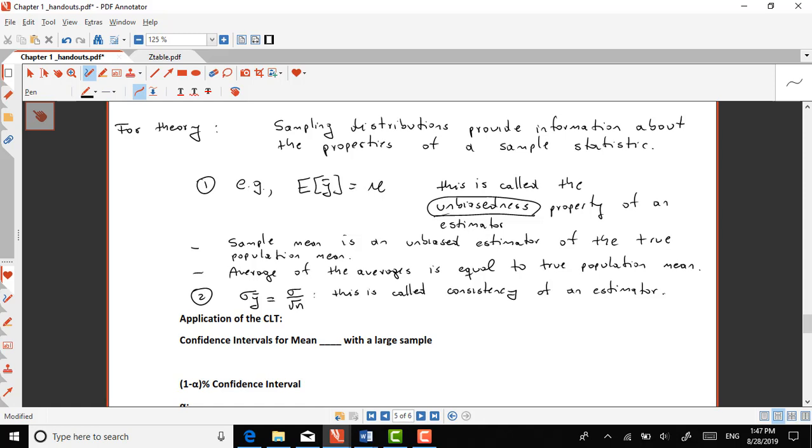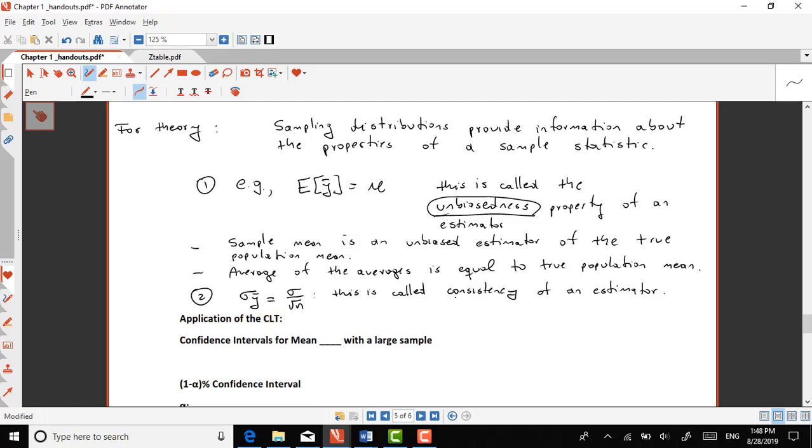For a sample of size infinity, the variance is actually 0. So basically the distribution has to be located exactly on the mean value. That's what this is telling you.